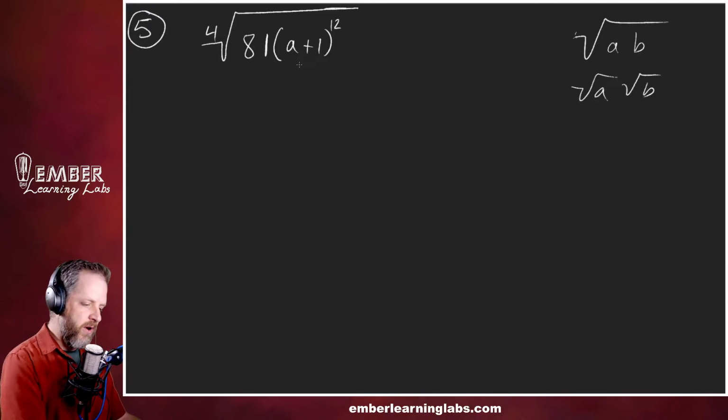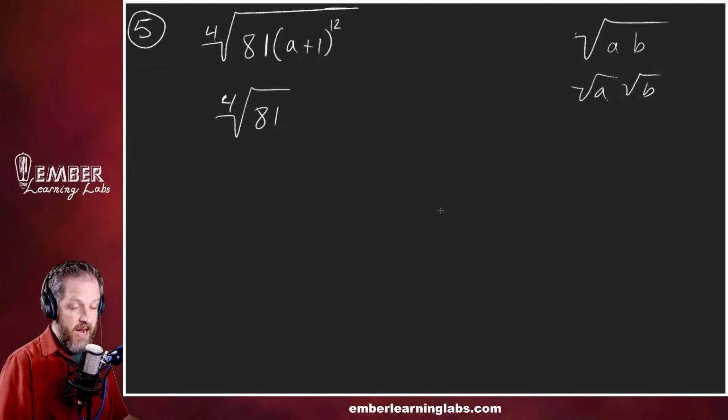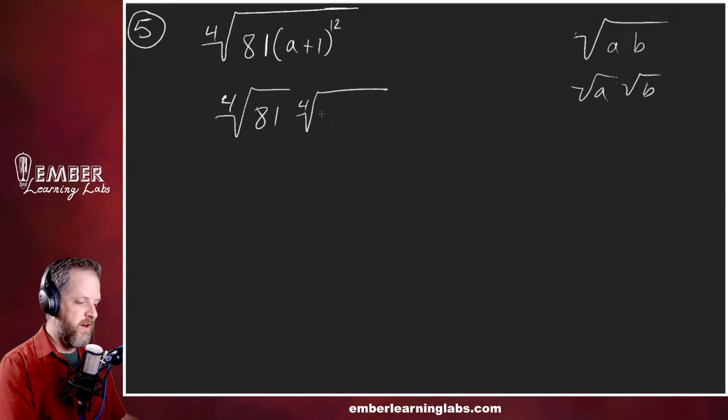And so we're going to take that same tack here and split this into the 4th root of 81 times the 4th root of a plus 1 to the 12.